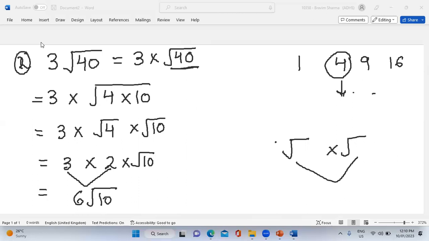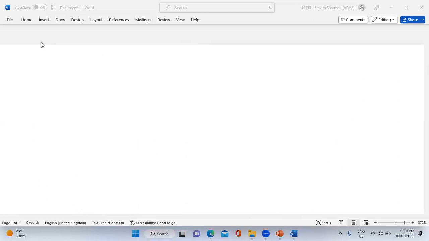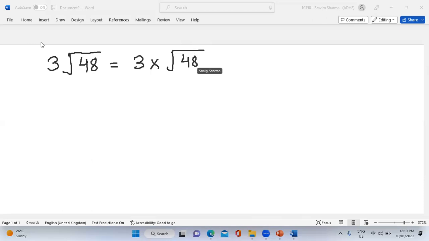Let's take one more example similar to this one. The next example is 3 square root of 48. This is equivalent to 3 times square root of 48. Then I will be writing the squared numbers.